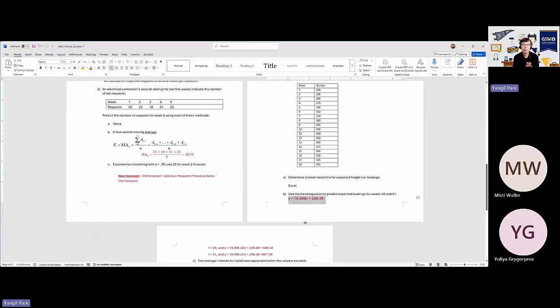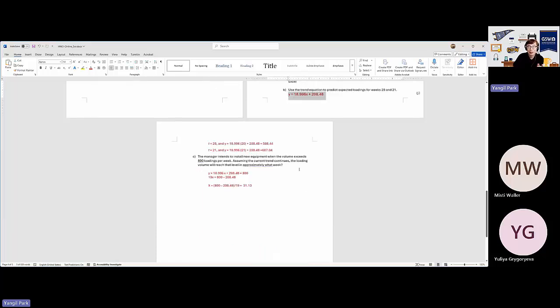Finding the summation for both A and B so that you can plug into two formulas. Then you come up with a formula just like that, the linear equation. You plug in for X depending on which period you're looking at. If it's 20, then you plug in 20. If it's period 21, then you plug in 21. Then you get the number for the forecasting period.